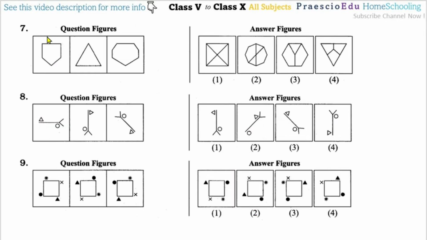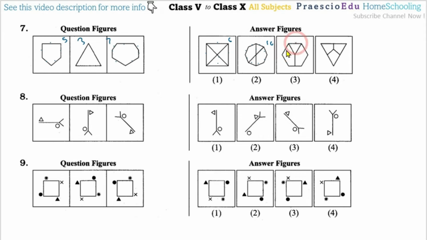Now question number 7, the number of lines: if you count 1 2 3 4 5, here 5, here 3, here 1 2 3 4 5 6 and 7. So these numbers of lines are odd. For this one, 1 2 3 4 5 6, here 6. Now matching this one, 1 2 3 4 5 6 7 8 9 and 10, here 10.